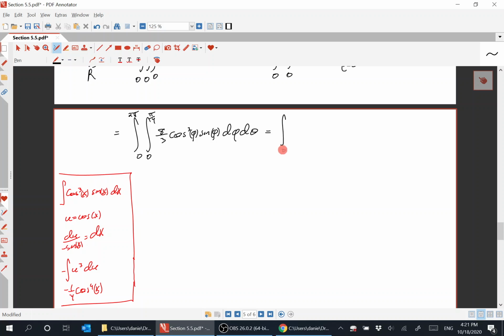So this becomes the integral from 0 to 2 pi. 1/4 times 8/3 is minus 2/3 cosine to the fourth phi, from phi equals 0 to phi equals pi over 4, d theta. So integral from 0 to 2 pi minus 2/3. Evaluating at pi over 4, cosine of pi over 4 is 1 over root 2.